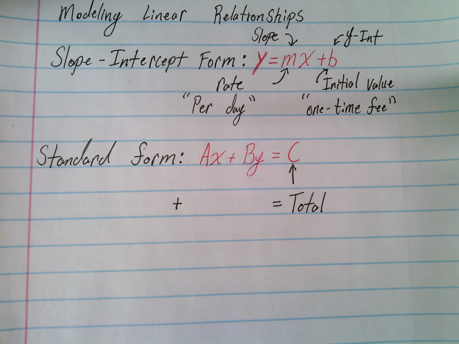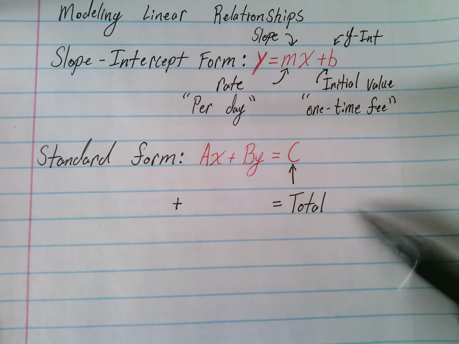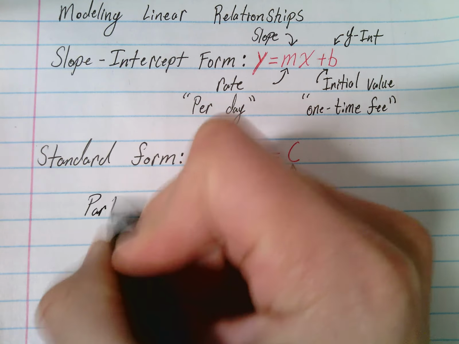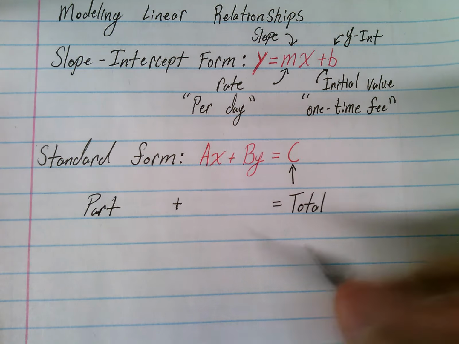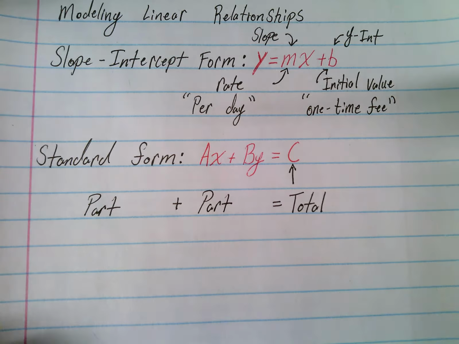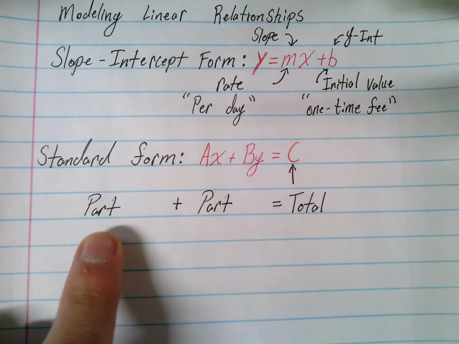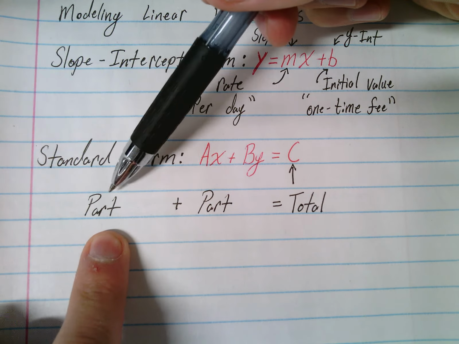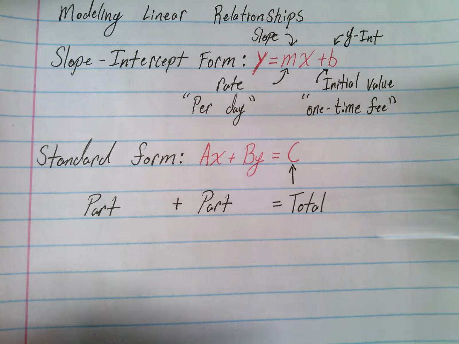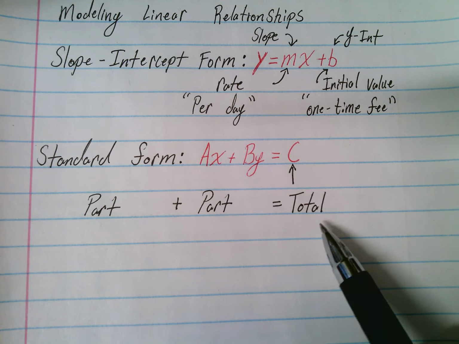If we're trying to make money, maybe you work two jobs and you're trying to figure out how much you make in a week. Your total for one week would be how much you make in your first part-time job and how much you make in your second part-time job. So maybe you babysit and work at McDonald's. My first part would be the money I make from babysitting and the money I make from working at McDonald's, and if I add those two together, I can find the total.